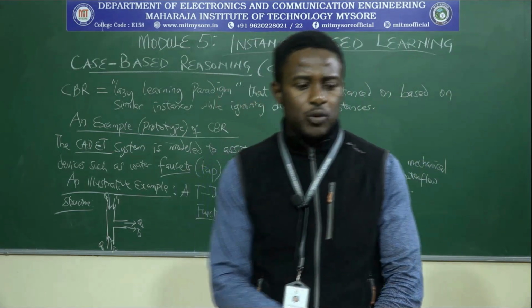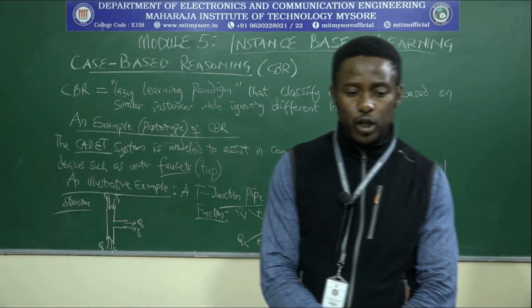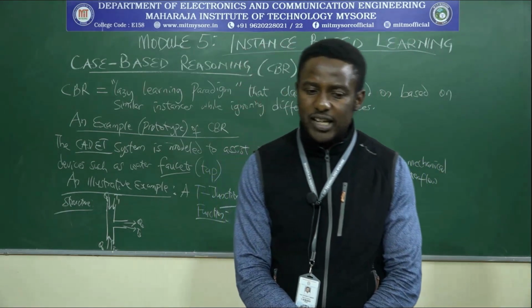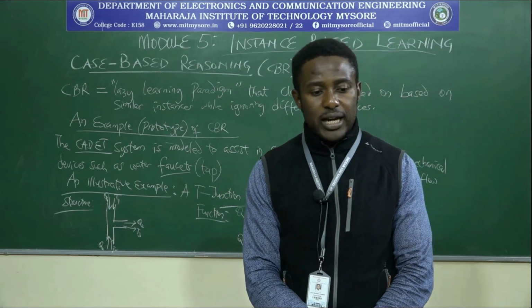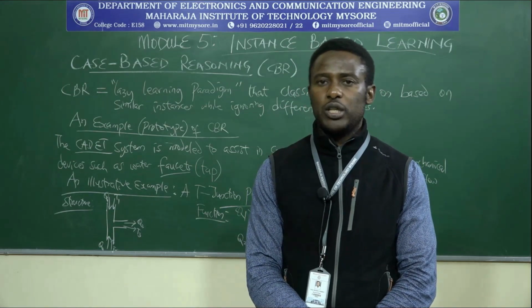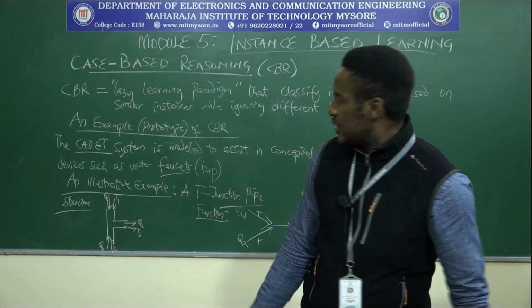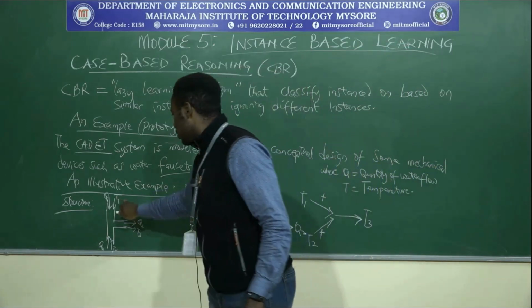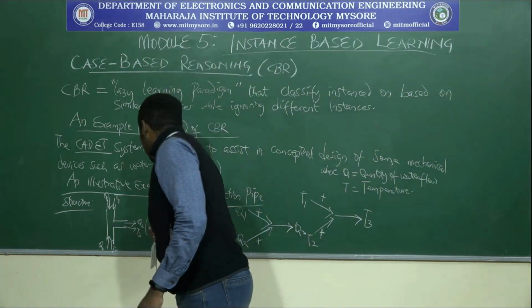That's what we just said: the function is represented in terms of the qualitative relationship amongst water flow levels and the temperature between the input and output. You can call this the input and this the output.